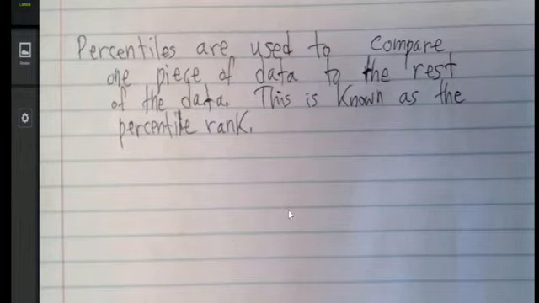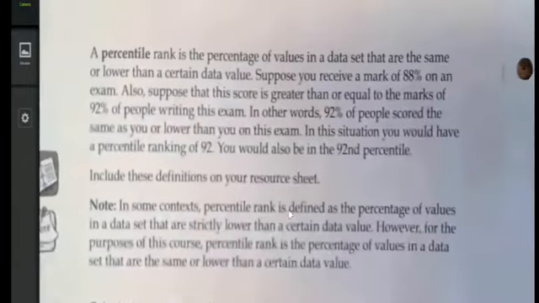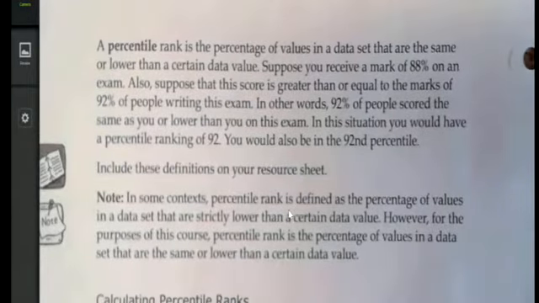The test mark, the weight of a baby, the amount of grain produced by one field compared to all the other fields. Like if you have one field that did 65 with canola, well, that's pretty good average. But what if all your other fields did 75? So it was a really good year for canola. So you would think that this one other field should have done better as well.